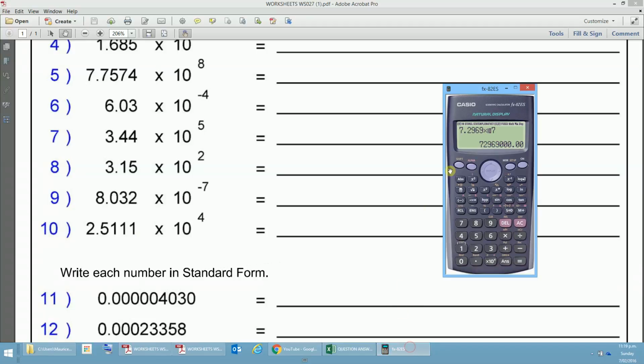We bring our calculator up, and we go 8.032, 10 to the power of x, and then the -7. We make that right, equals, and there it is, 0.123456 zeros.